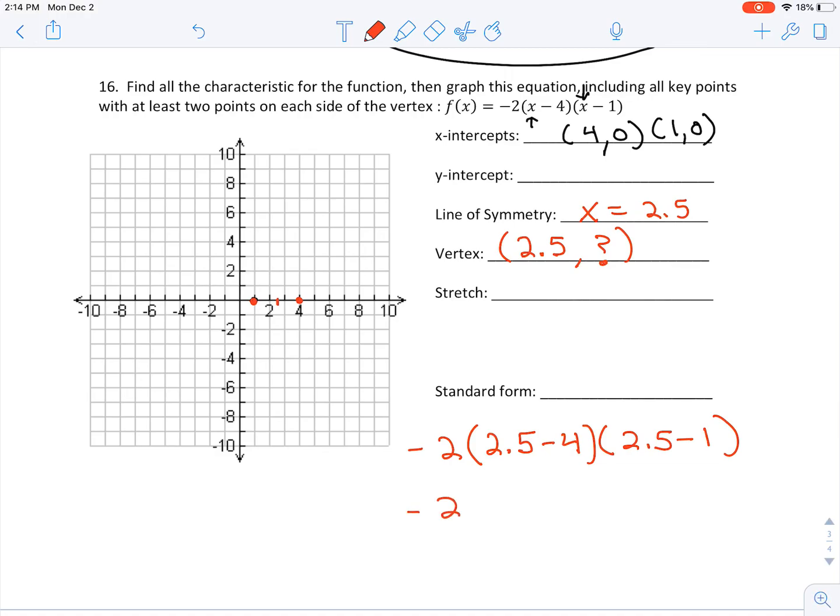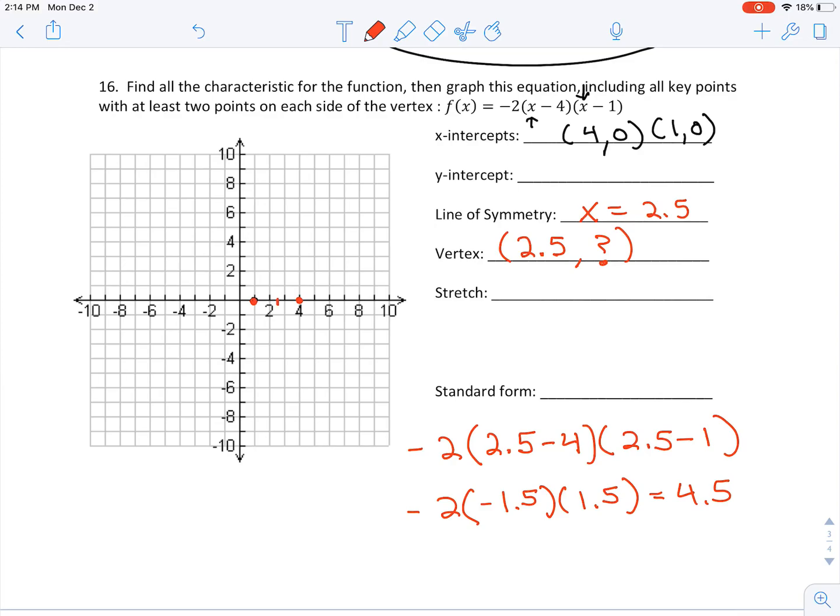So that gives me -2 times 2.5 minus 4, maybe try this on your own, is -1.5. 2.5 minus 1 is positive 1.5. So now, in a calculator, I'm going to go -2 times -1.5 times positive 1.5, which is going to give me 4.5.